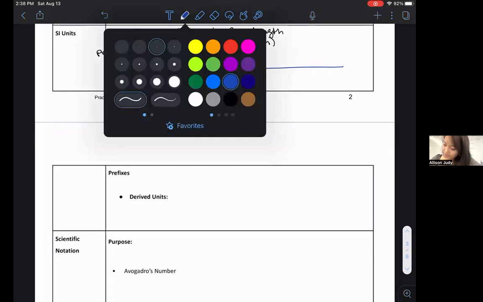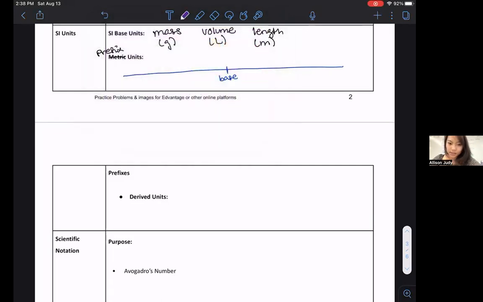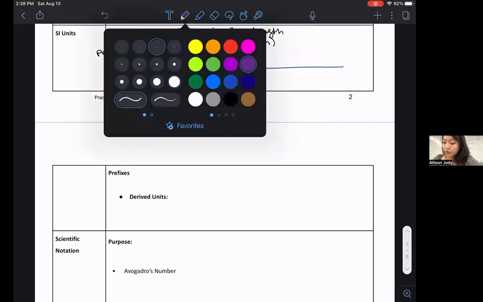For scaling down, it goes right afterwards, deci for smaller, then centi, then milli, then micro, and so forth. I'm really not going to go over a ton of this because you can Google this, and you should be pretty familiar.